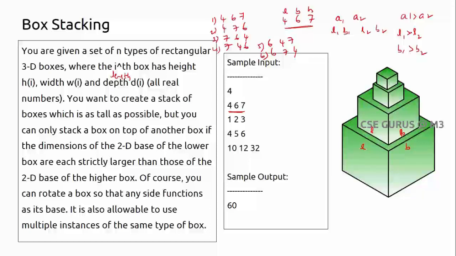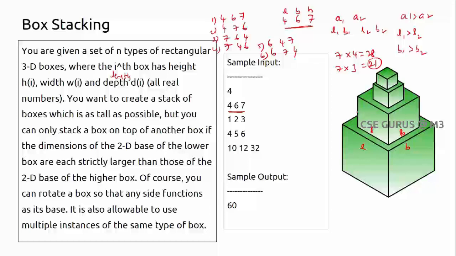All these constraints must be satisfied. Let us suppose I take 2 boxes with length and breadth 7, 4 and 7, 3. What is the area here? 28. Here the area is 21. Can I keep the box 28 on top of 21? Can I keep 21 on top of 28?